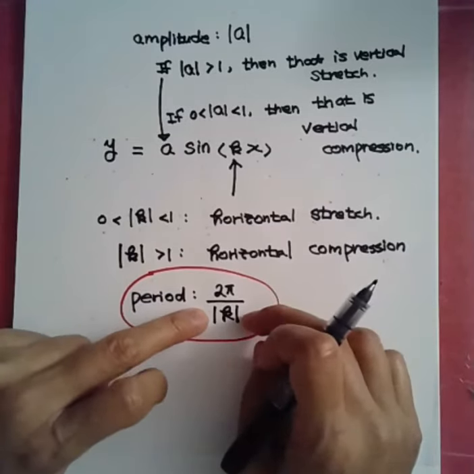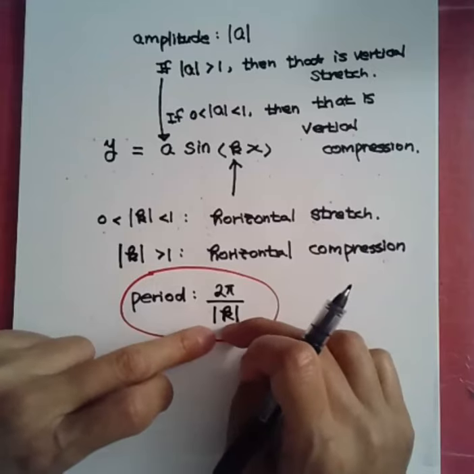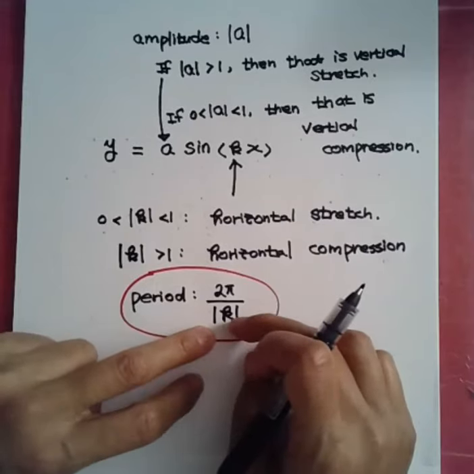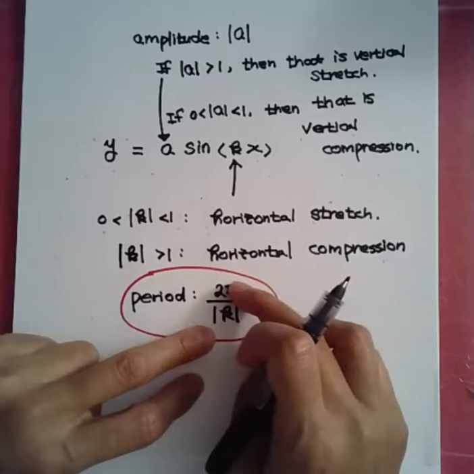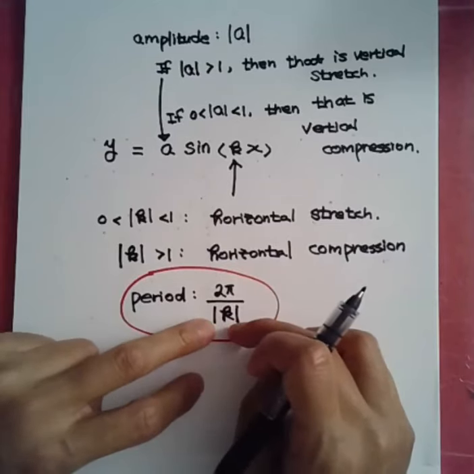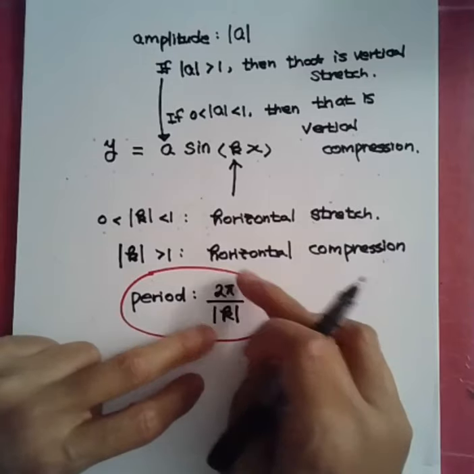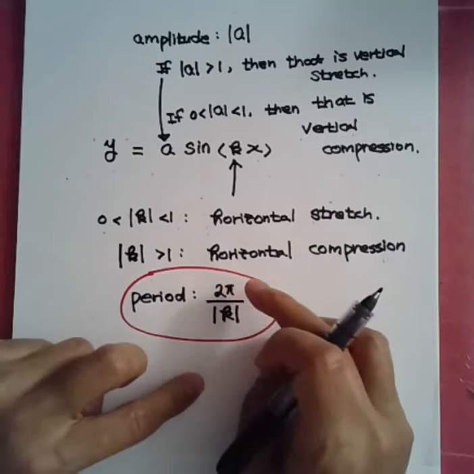So if a smaller number is in the denominator, then the entire fraction will become larger. And if a larger number is in the denominator, the entire fraction will be smaller.